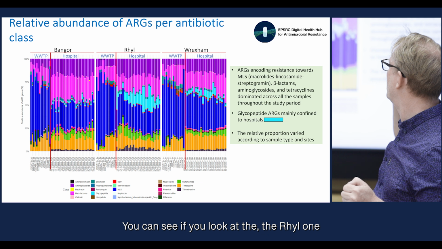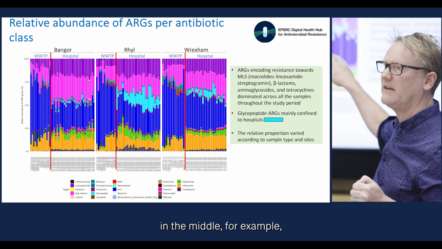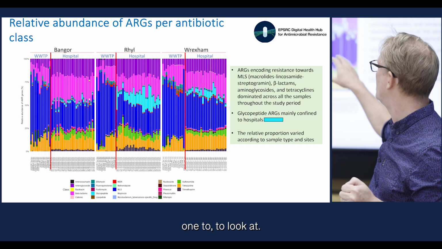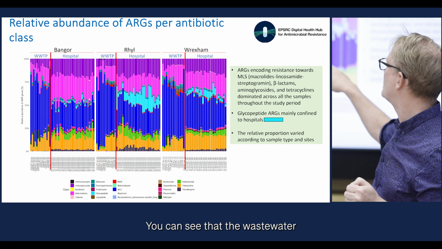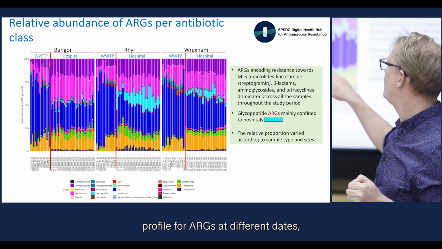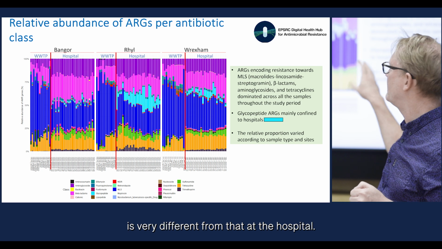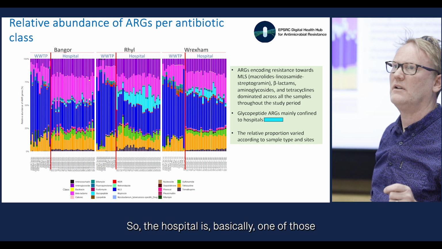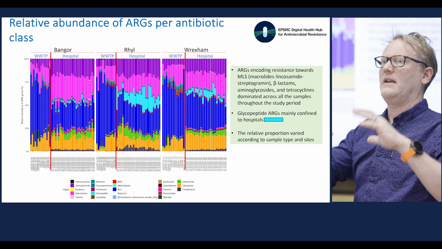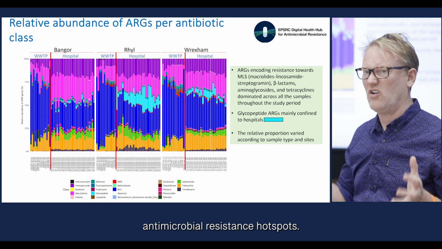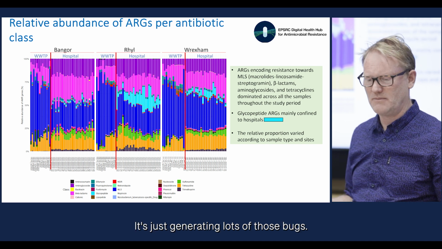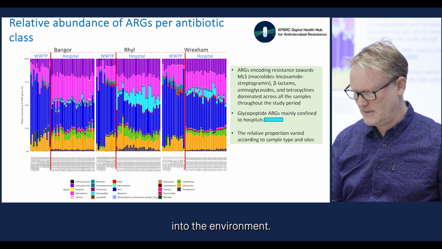If you look at the one in the middle, that's probably the easiest one to look at. You can see that the wastewater treatment plant profile for ARGs, so different dates, each of those bars represents a different date, is very different from that at the hospital. So the hospital is basically what we would call an antimicrobial resistance hotspot. It's just generating lots of those bugs and we're discharging them into the environment.